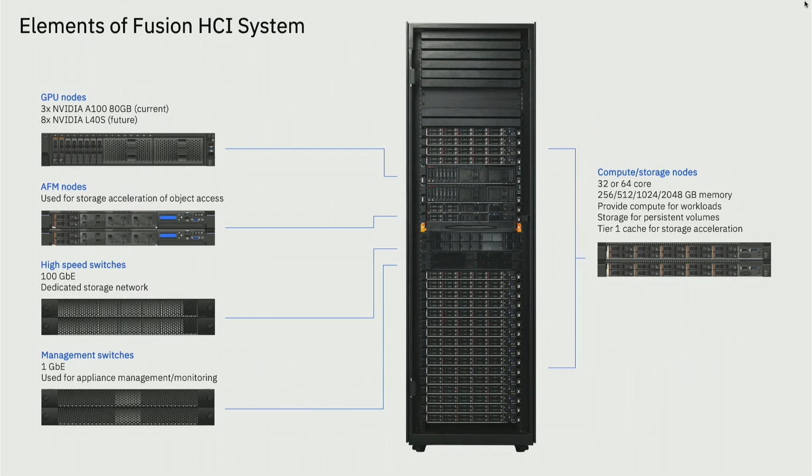So we have different types of nodes inside the rack. Obviously we have compute nodes, which are used for what we now call the control plane nodes. Worker nodes, high-speed switches, a management switch, and we also have something else that we call AFM nodes. AFM nodes are specific nodes that have basically CPU and RAM.